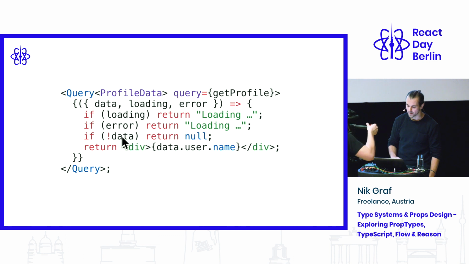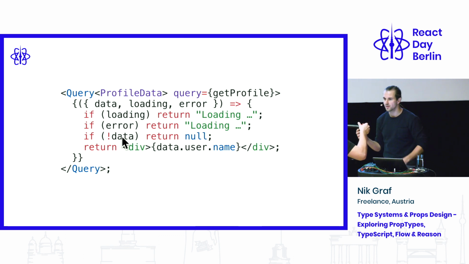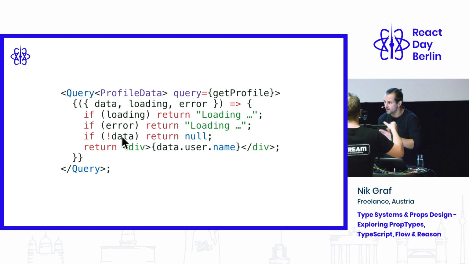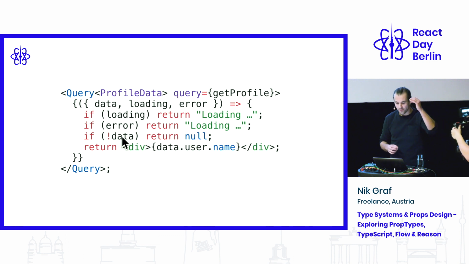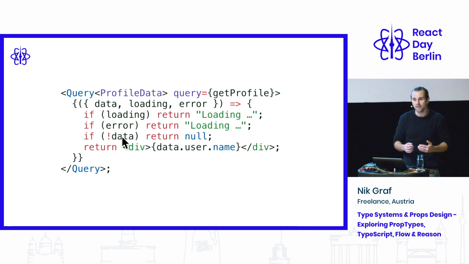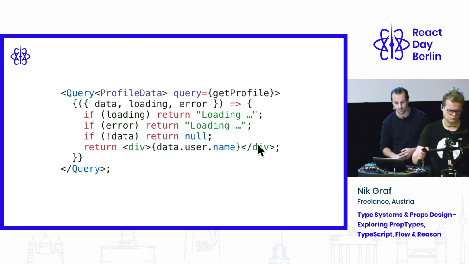And that's quite interesting because we know from the docs, if you look at the code, that if loading is false and error is false, there is data, but TypeScript doesn't know because there's no contract between these properties, so it doesn't understand. So you explicitly have to check that data is not undefined or null, otherwise return null in this component. Then you actually get to the point where you can show whatever you want to show.